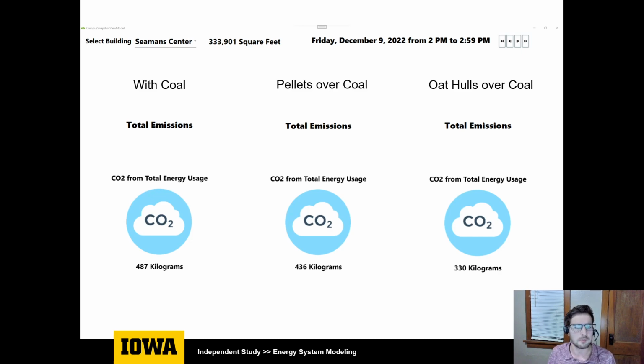So I just wanted to show this to show that if academic departments or buildings are concerned about their carbon footprint, they can be supporters of these changes at our power plant as well, and that will help their impact.